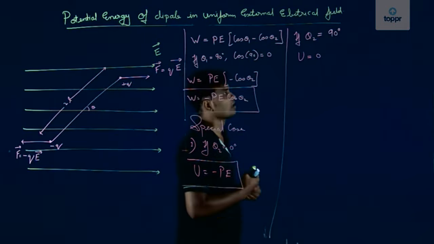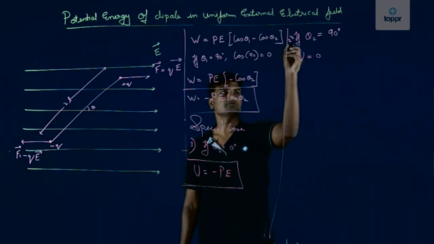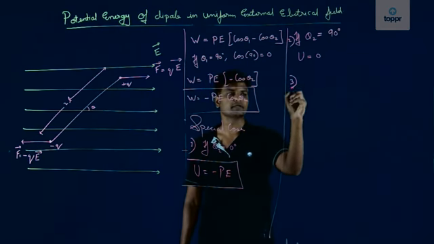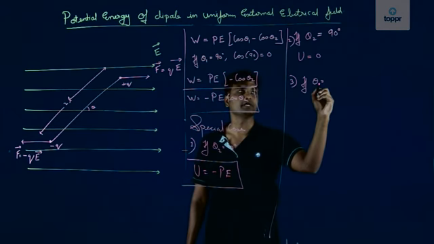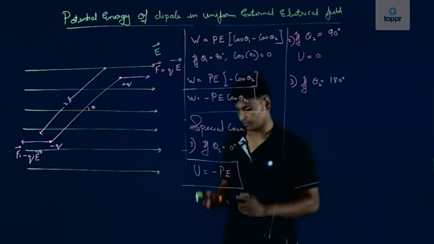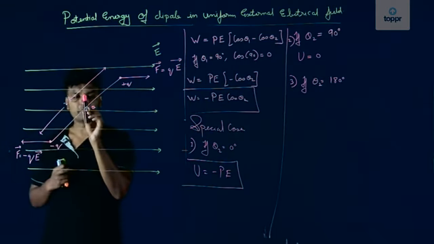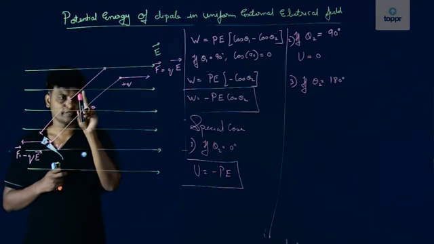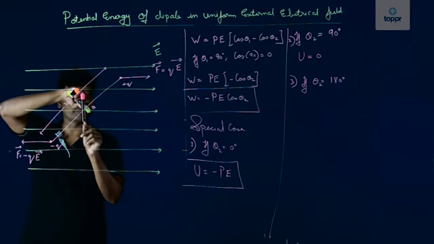Okay. Now let us take the third case. This was the second case. Third case. If theta 2 is equal to 180 degree. Now what do you mean by 180 degree? Theta 1 was like this, plus charge was here and negative charge was here, right?